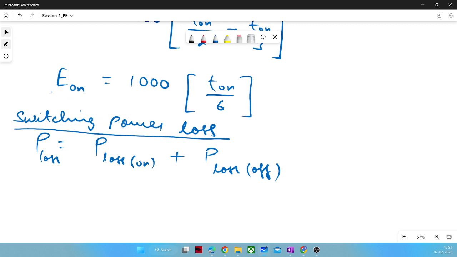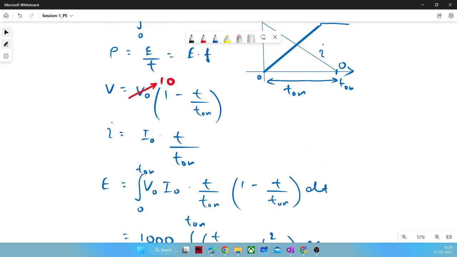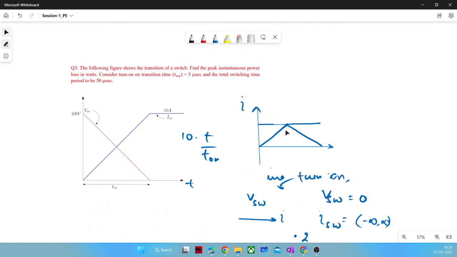That will be the summation of switching power loss during on and switching power loss during off transition. And we have computed energy lost during on transition, and if we wish to find the power lost during on condition, we just need to multiply energy lost during on by frequency, right? Power is nothing but energy by time, and time is the total time period, and the inverse of time period is frequency. So we were given the frequency in the problem. Let me go back.